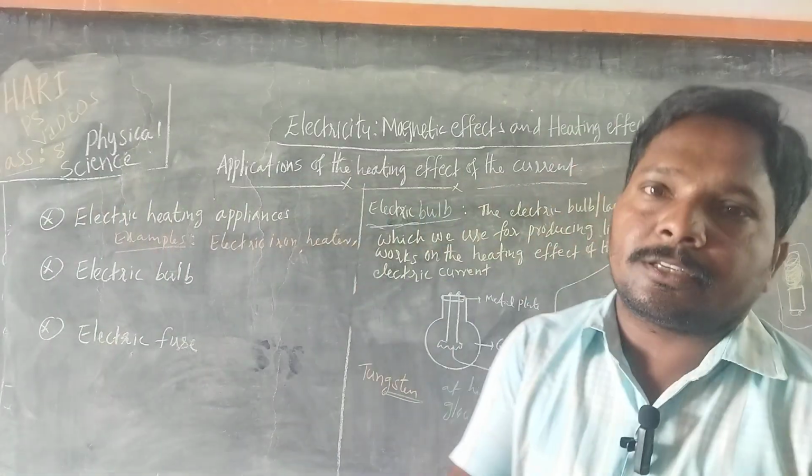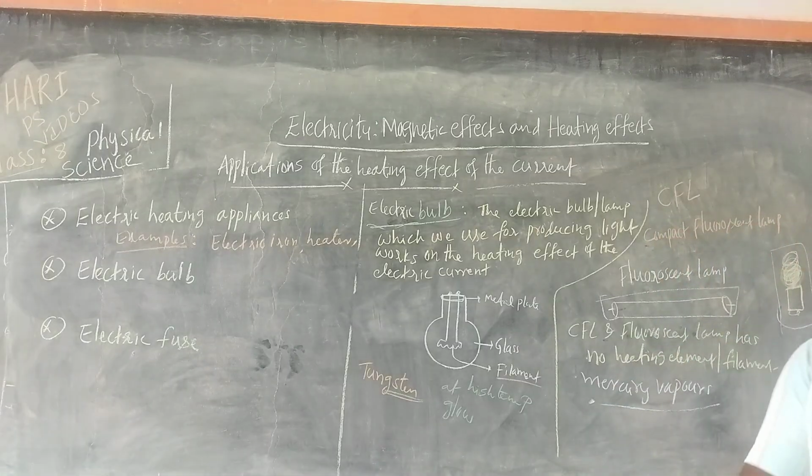So that vapor produces the light. The same thing happens in the compact fluorescent lamp.